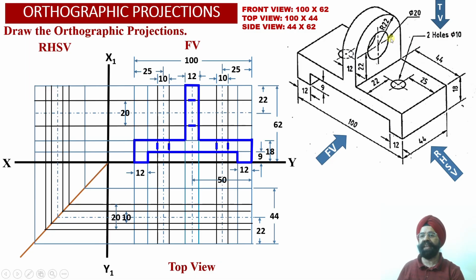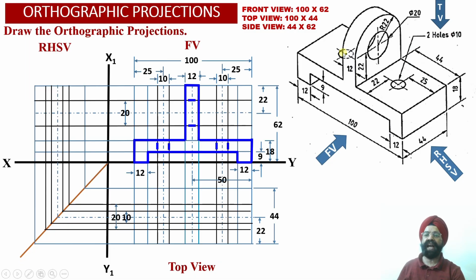So this diameter we have to depict into the top view projections over here, and these two black horizontal projector lines corresponding to this bigger hole into the vertical web, that is element number 2, have also been appropriately transferred into the right hand side view projections using this transfer line over here.